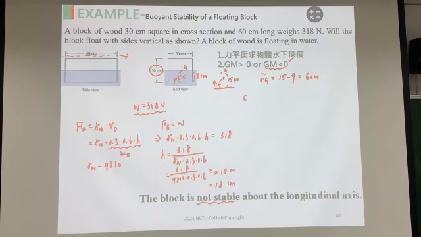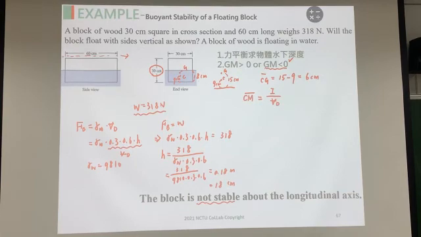Our question is we still don't know the CM. M is the metacenter. We don't know the CM distance, but we know CM is equal to the second moment I divided by the displaced volume, right?